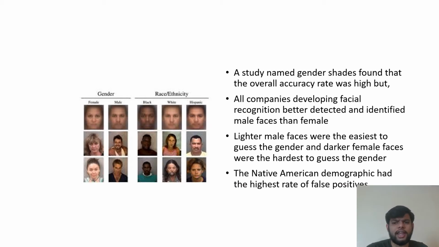A study named Gender Shades found that overall accuracy was high, but all companies developing facial recognition better detected and identified male faces than female. Lighter male faces were the easiest to guess the gender, and darker female faces were the hardest to guess the gender. The Native American demographic had the highest rate of false positives.